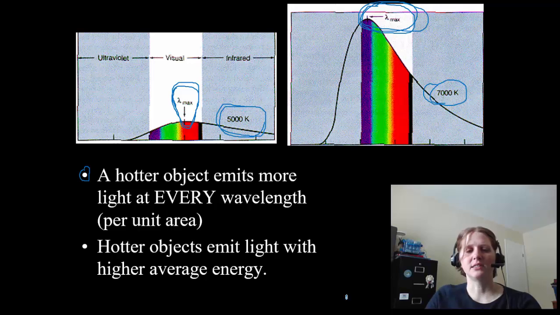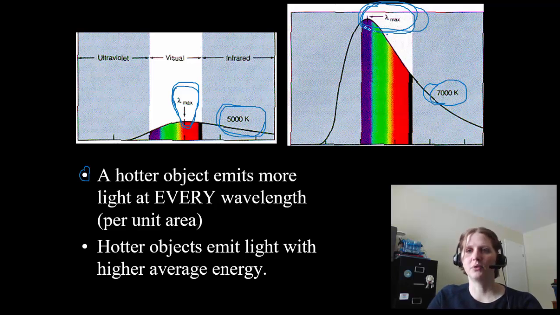What this basically says is that as you heat up the star, as you heat up your object, that peak color will shift towards the blue, towards the higher energy. A cooler star's brightest color will be in the lower energy red.